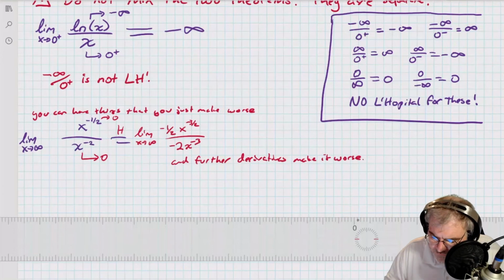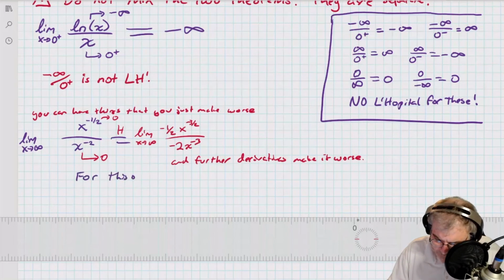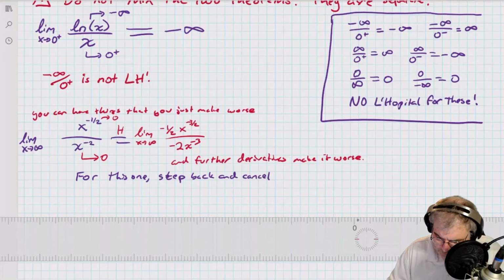So the solution is to step back and do the cancellation. For this one, step back and do a cancellation. You can imagine if this was e to the negative x or something like that. And speaking of that, let's do one of those.